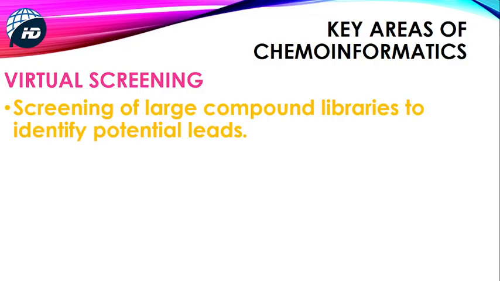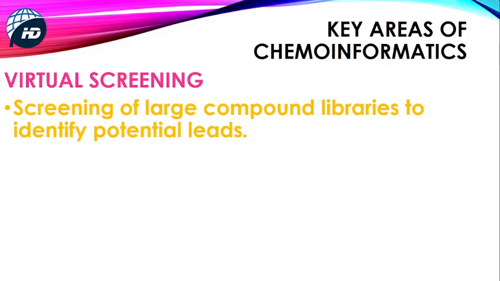So let's say for instance I went to DrugBank and I downloaded 1 million compounds, and I want to do work on hypertension. So I can use my chemoinformatics tools to narrow down these 1 million compounds. I can screen these 1 million compounds at a time on the hypertensive targets.